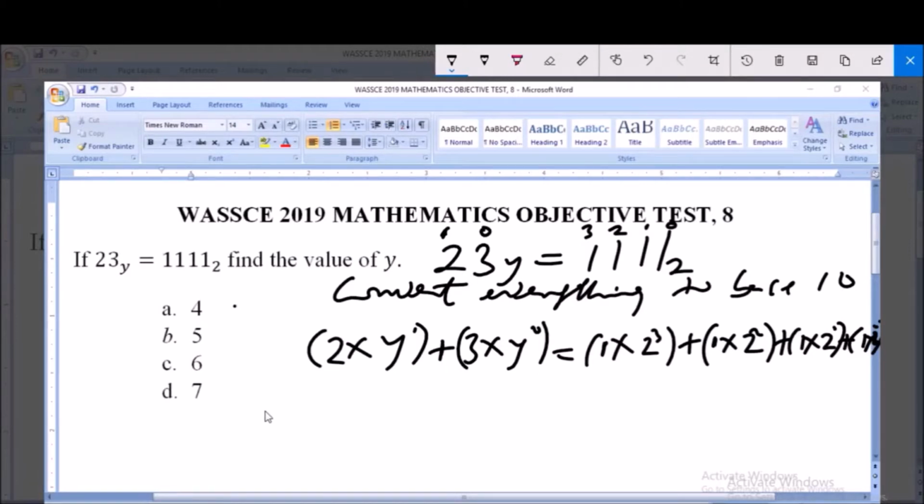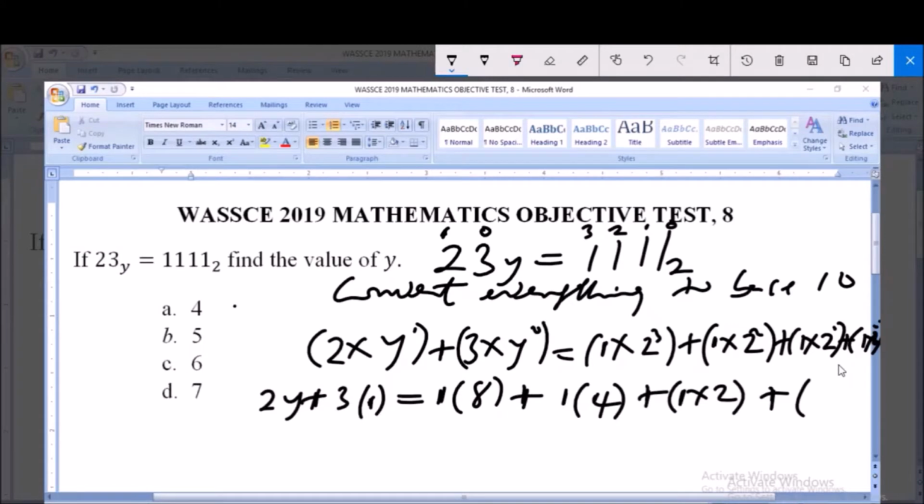Anything raised to the power of 0 is 1, so that gives us 3 multiplied by 1. On the other side, 1 multiplied by 2 raised to the power of 3 is 1 multiplied by 8, plus 1 multiplied by 2 raised to the power of 2 is 4, plus 1 multiplied by 2 raised to the power of 1 is 2, plus 2 raised to the power of 0 is 1.